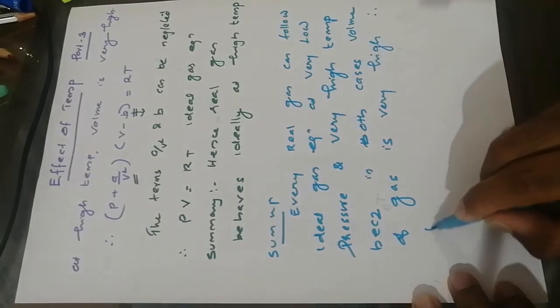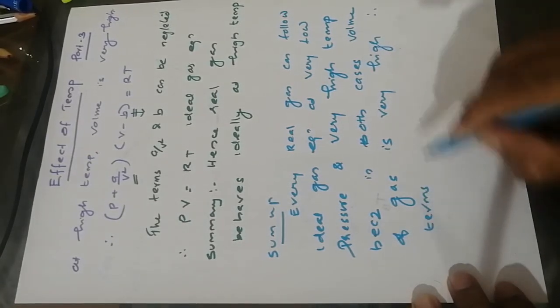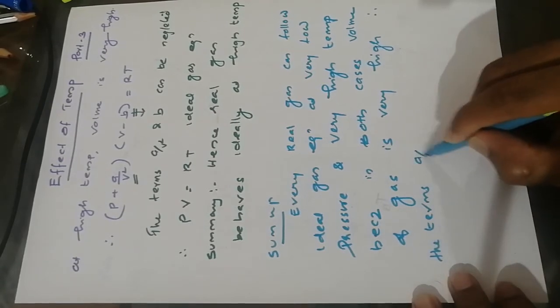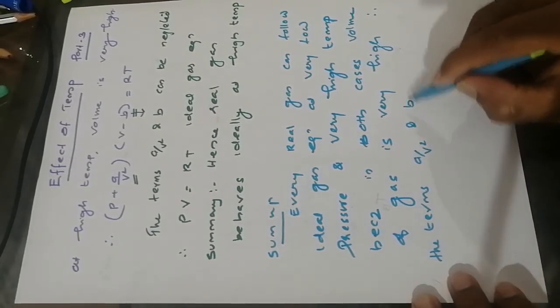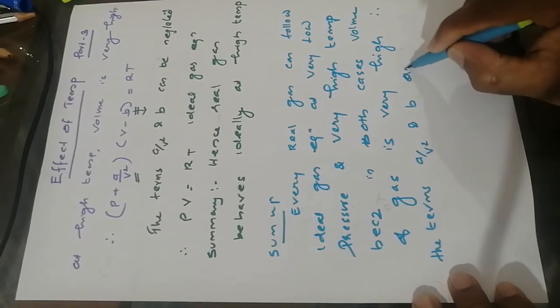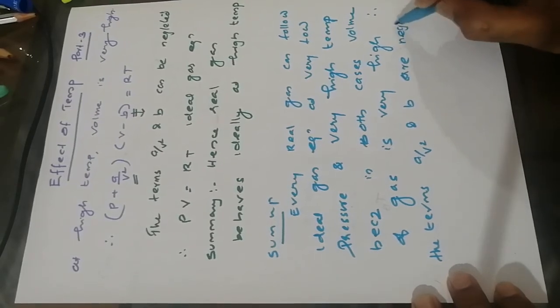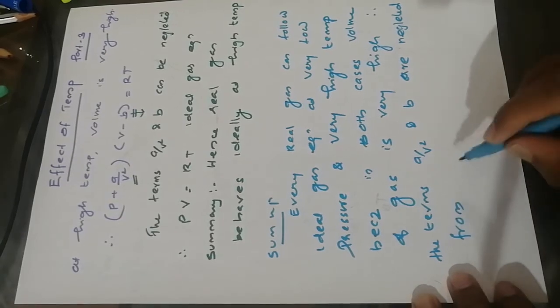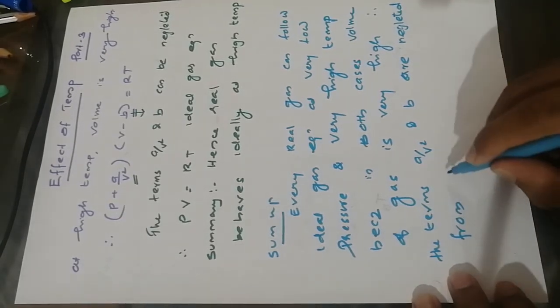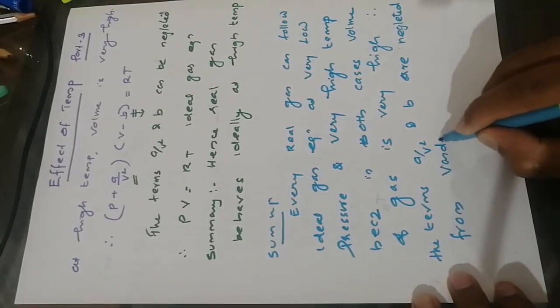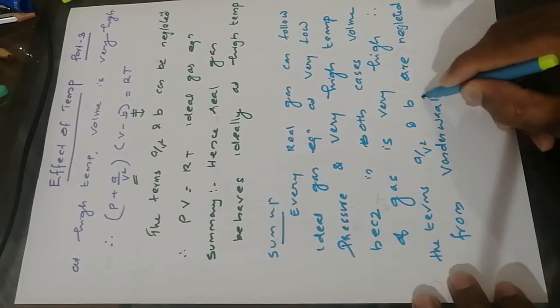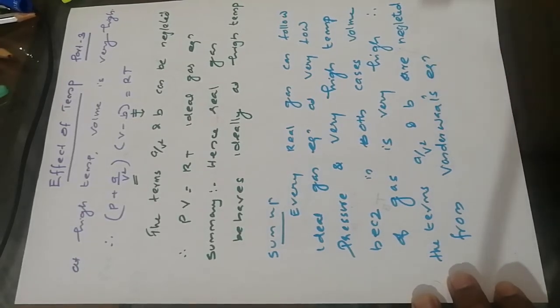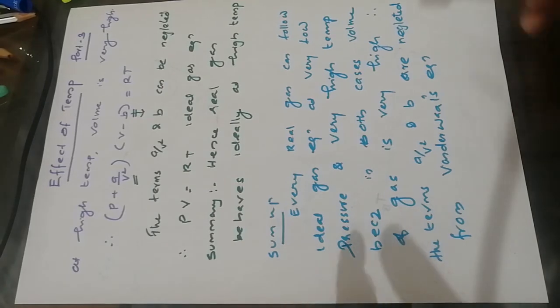Therefore, the terms a by V square and b are neglected from the Van der Waals equation. Therefore, the Van der Waals equation will be converted into the ideal gas equation.